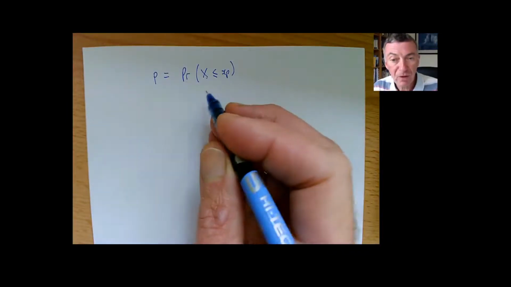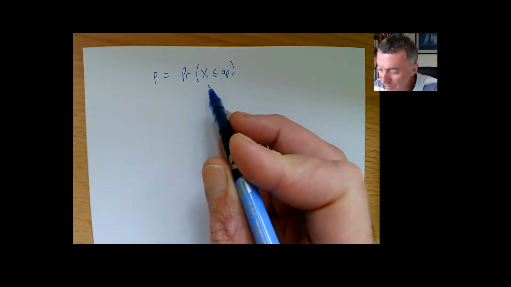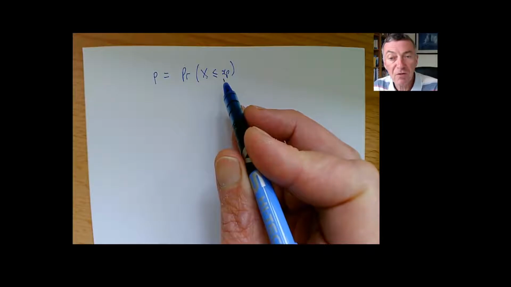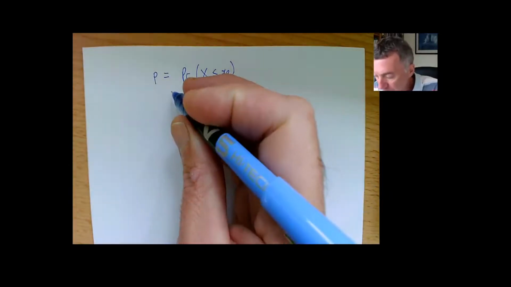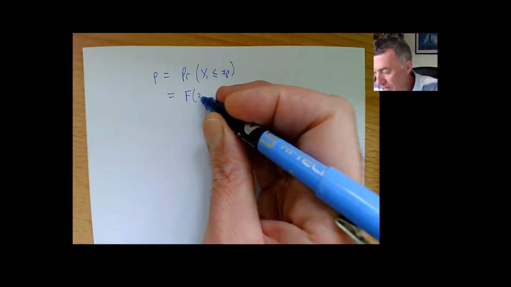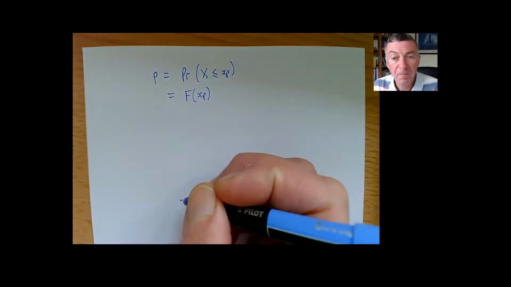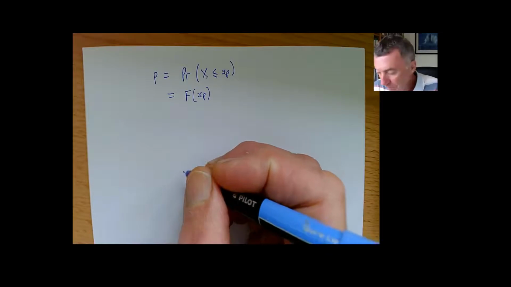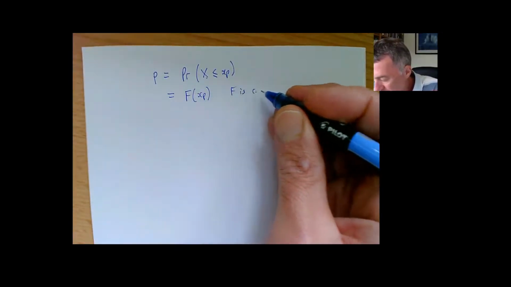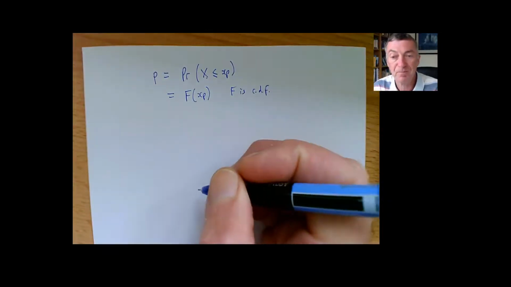So where do we go from there? Well, the probability of a random variable being less than a certain value is the cumulative distribution function. So we can write that as F of x_p, where F is the cumulative distribution function.